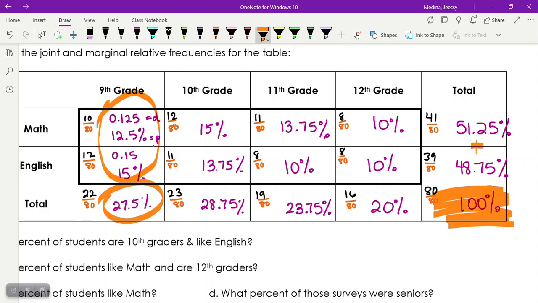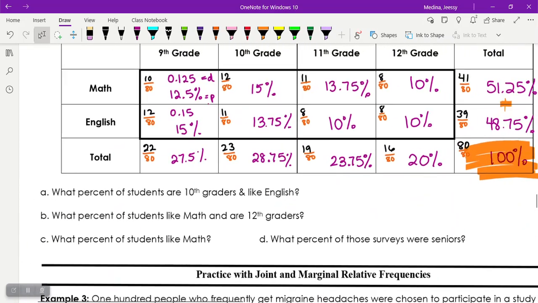Just like in the frequency table, the relative frequency table works the same way. So now when I ask you what is the difference between a regular frequency and a relative frequency, the relative frequency is the one with decimal slash percent. Clear? But other than that, it works the same way.